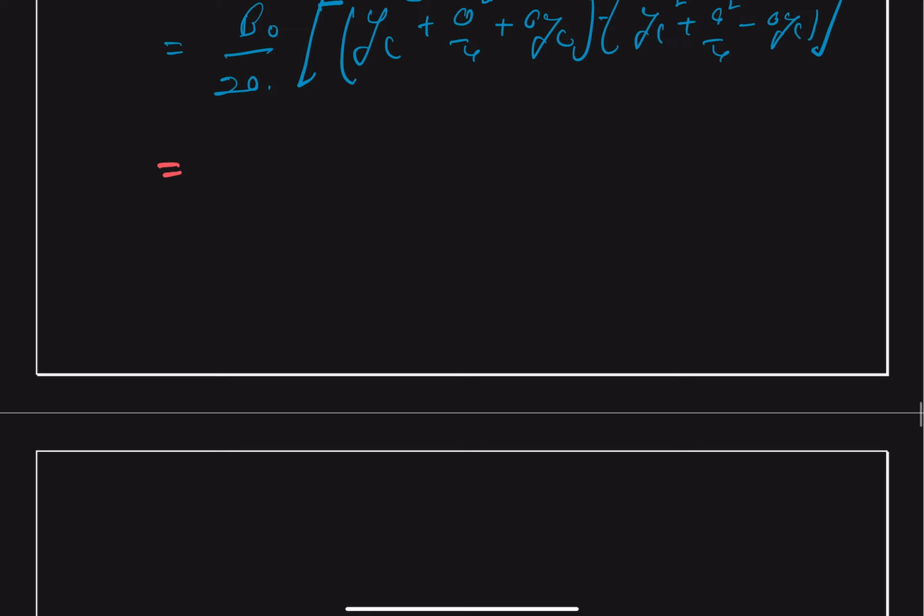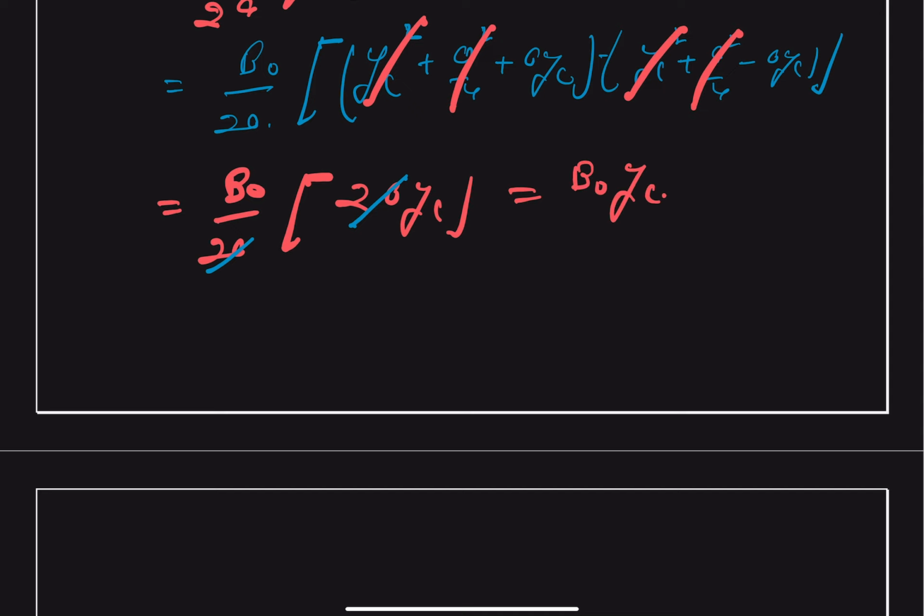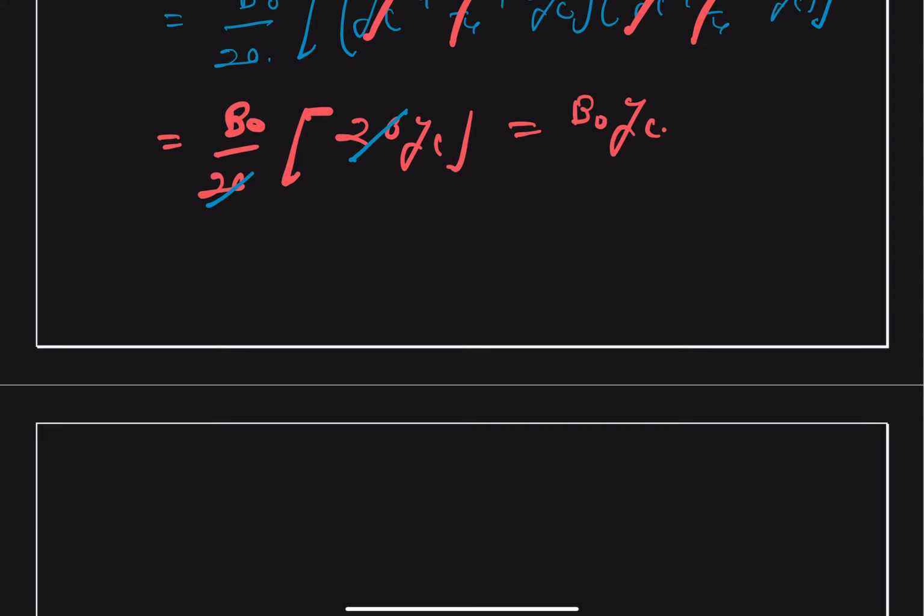This will be equal to b naught upon 2a, and here yc square and yc square cancel out, as well as a square by 4 and a square by 4, and this comes as 2a yc. This 2a cancels with 2a, and this comes as b naught times yc, and this is our inner integral.